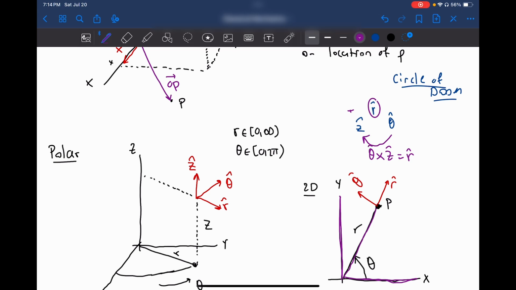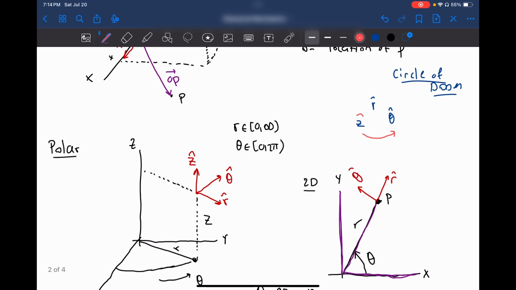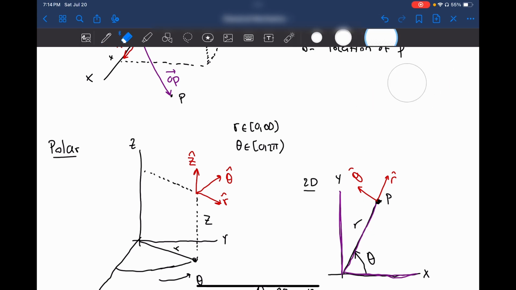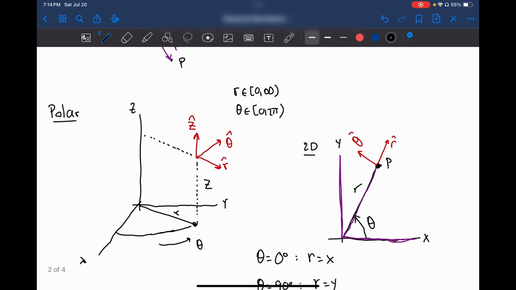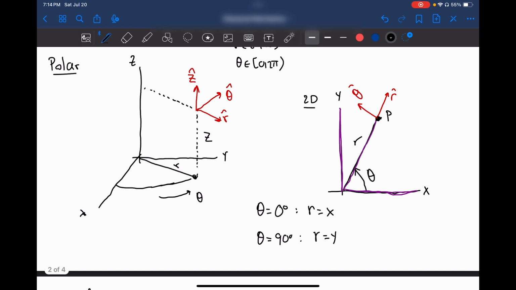But if you go counterclockwise, let's say z hat cross theta hat, this is going to give you the next one with the minus sign. Cool. And this is true for any set of basis vectors that are mutually orthogonal to each other and are normalized. All right.